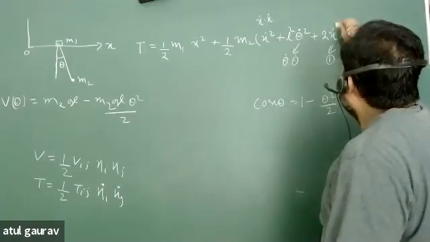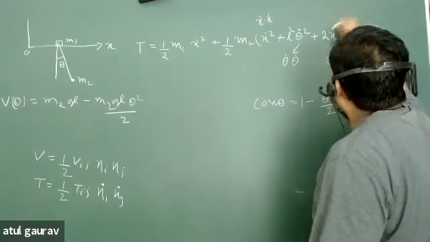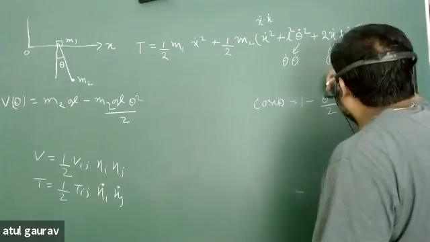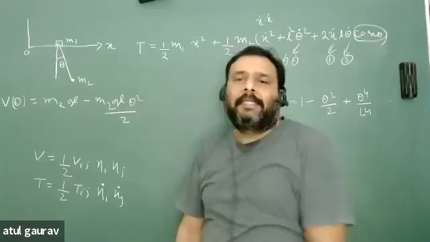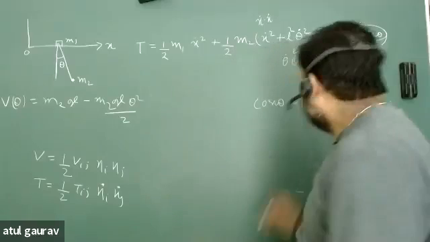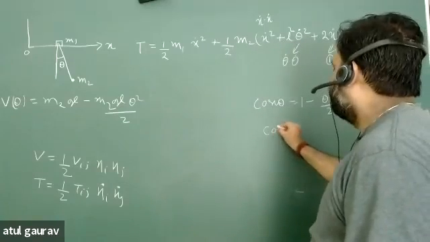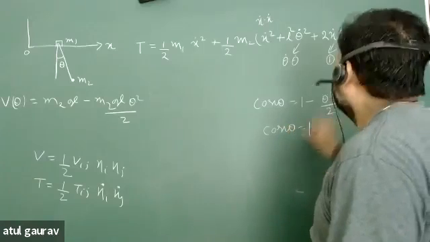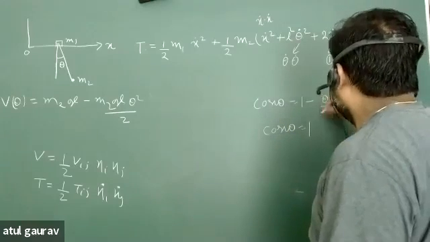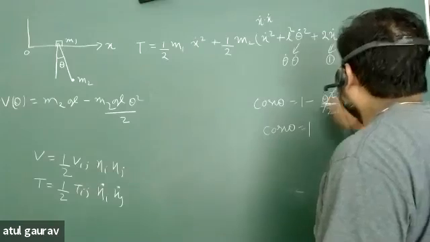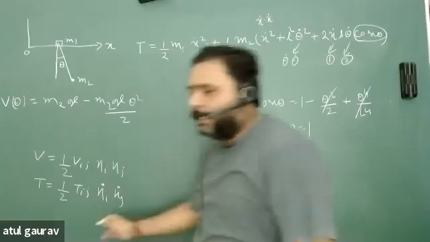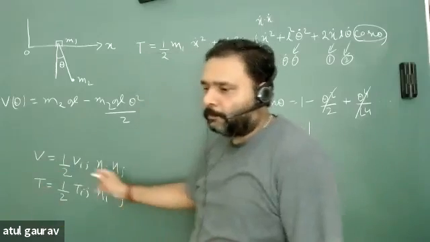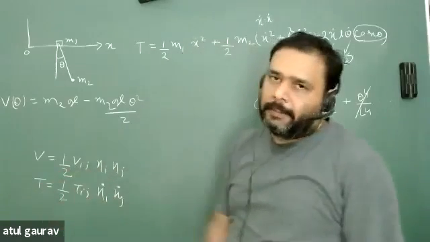But here x dot and theta dot are there, and if I put theta dot square, it will create a huge problem. So what is the trick? We will just take cos theta equal to 1 in the kinetic energy, and we can remove all these parts here, such that I can represent my kinetic energy in this form.